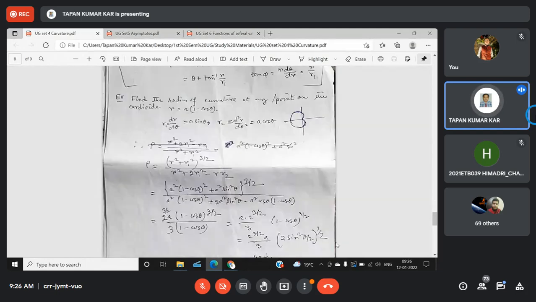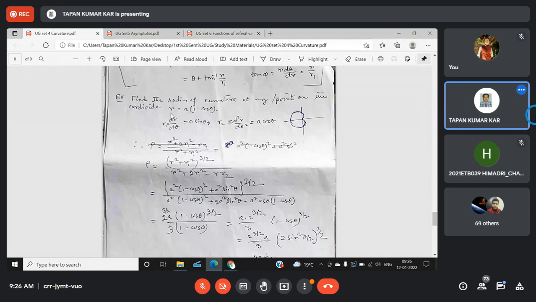Okay. Another curve: find the radius of curvature at any point on the cardioid r equal to a into 1 minus cos theta. This curve looks like this, but your interest should be to evaluate the radius of curvature at any point r, theta.